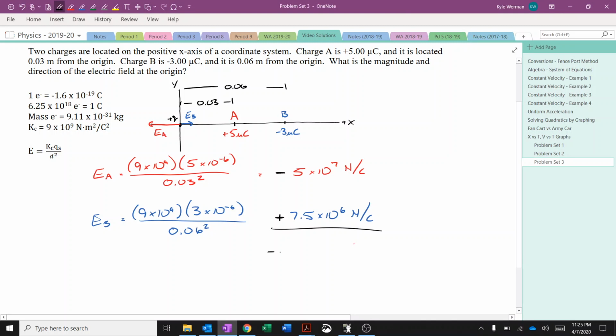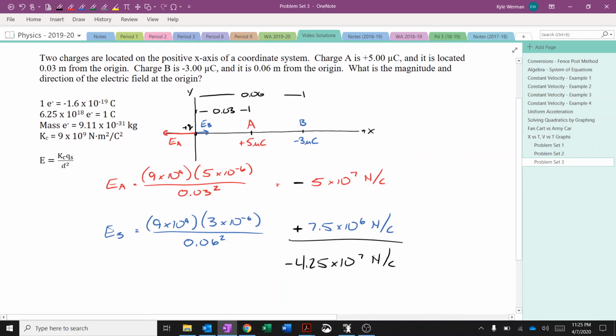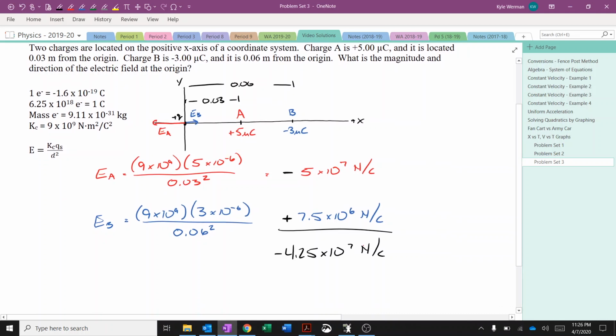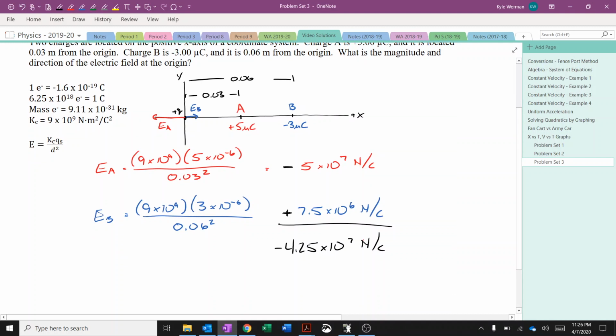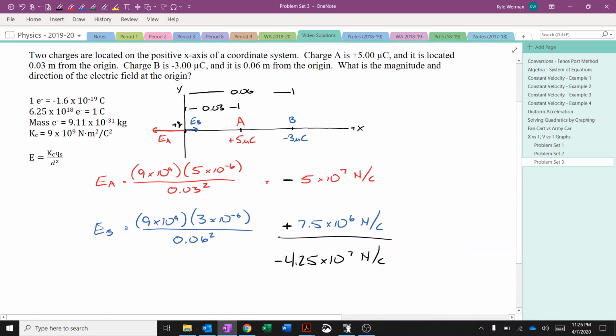Negative 4.25 times 10 to the 7 newtons per coulomb. I could say negative in this case because it's the positive axis. So this actually would be a correct answer to say negative.